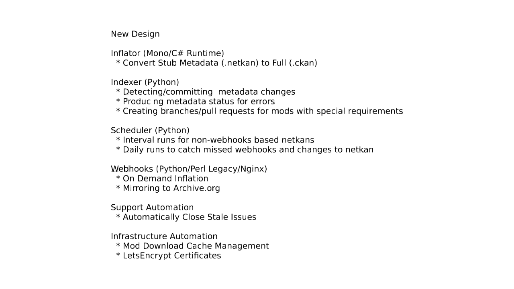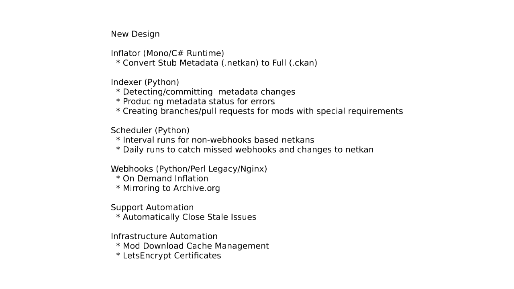So the new design involved a discrete set of services, the three main ones being the inflator, which instead of being wrapped now runs as a service, so it can just run in memory, listen for new metadata inflation requests, inflate them, and send them back for indexing, and the indexer does its job. It tracks whether there's changes and updates the status, and there are our webhooks.